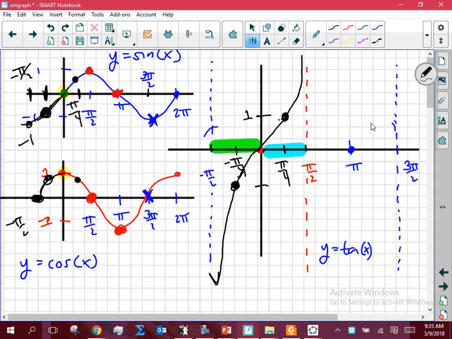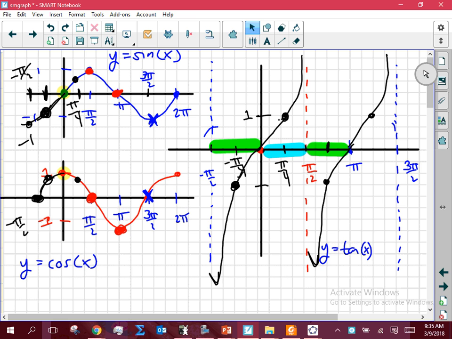So over here, halfway between this little interval here, that's going to mimic the green one right there, right? So halfway in between there, where am I going to be? What's my y value going to be? -1. And then halfway in between this one, my y value is going to be 1. And we can, kind of a cut and paste idea, continue to get those tangent curves in those successive periods. Okay?